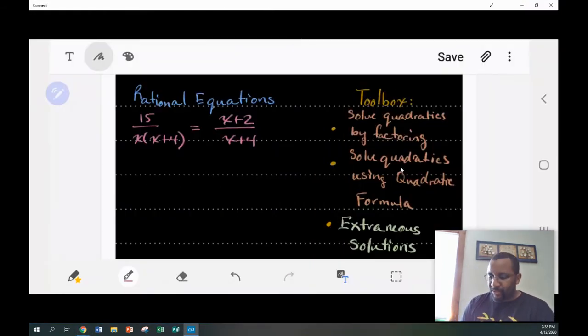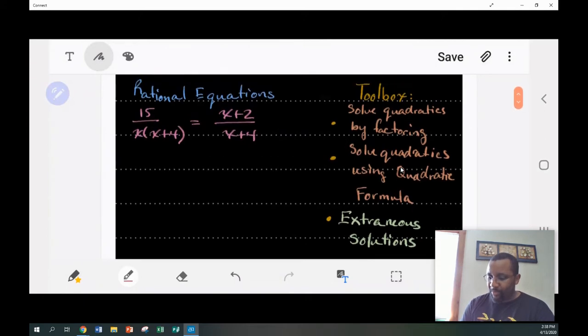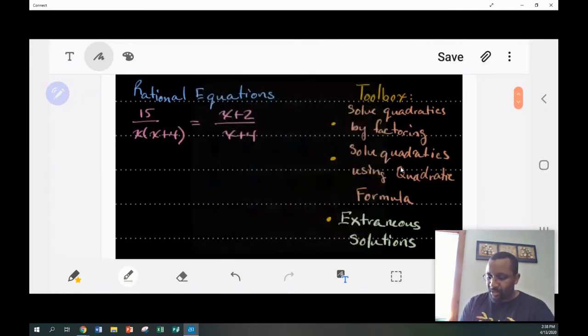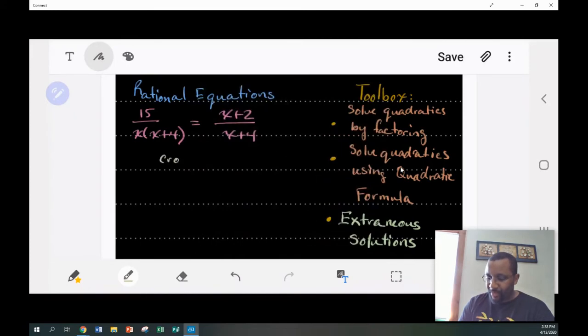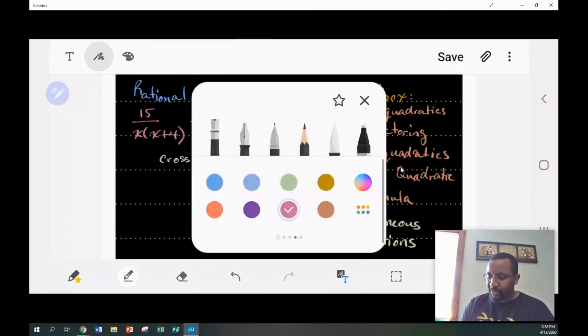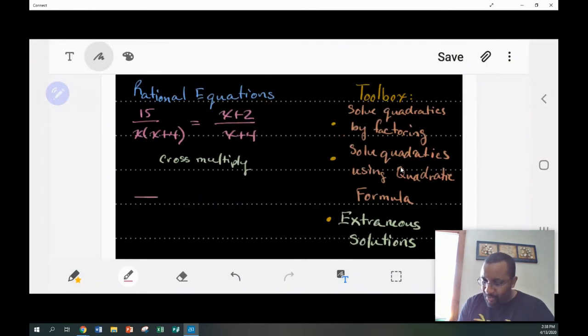Hopefully you remember what I told you. I think it's a really good idea if you would just cross multiply. That might be one of the easiest things to remember, and it's one of the easiest ways to go. So let's cross multiply. Before you cross multiply, I want you to not actually multiply.